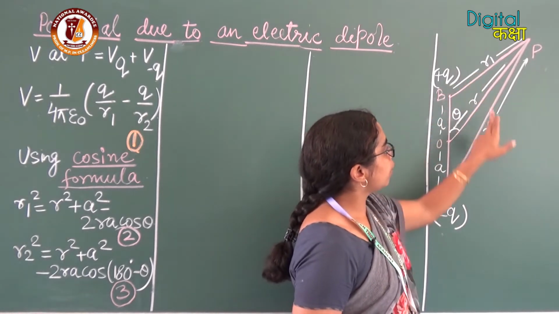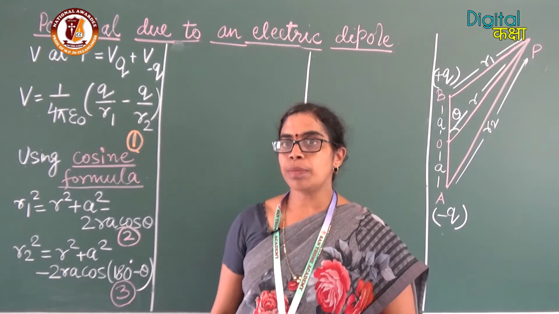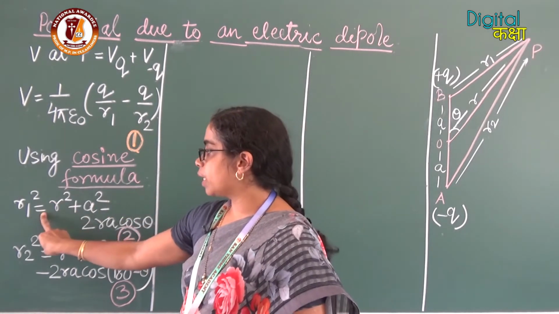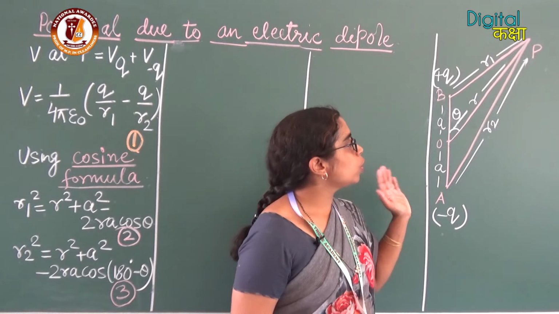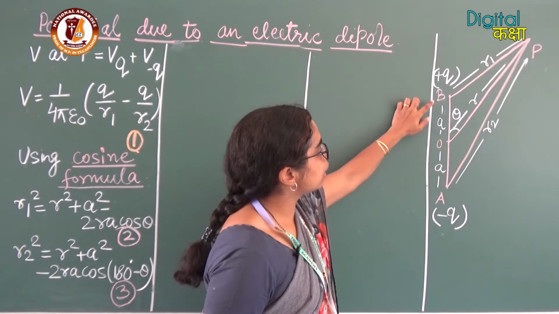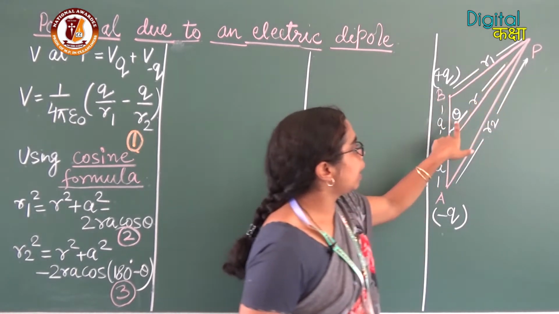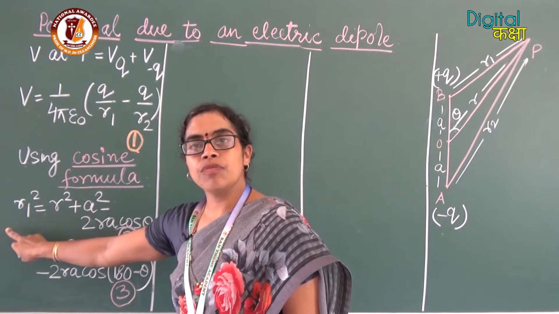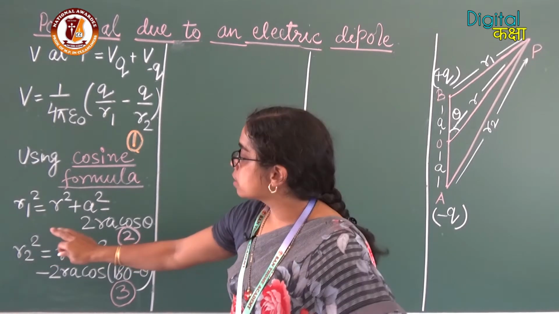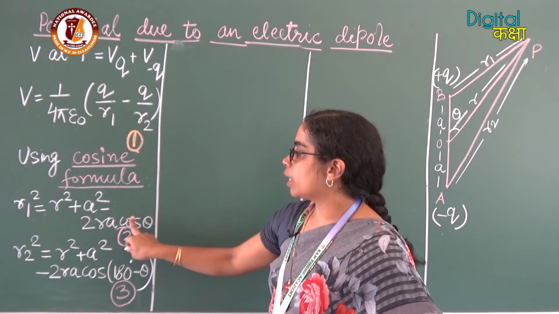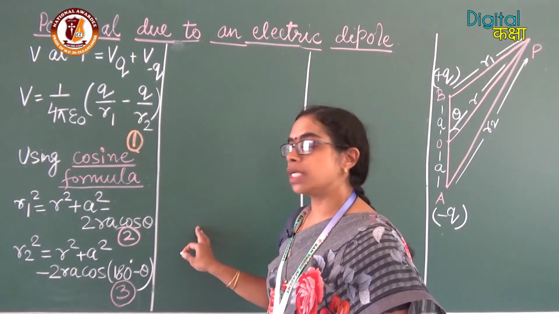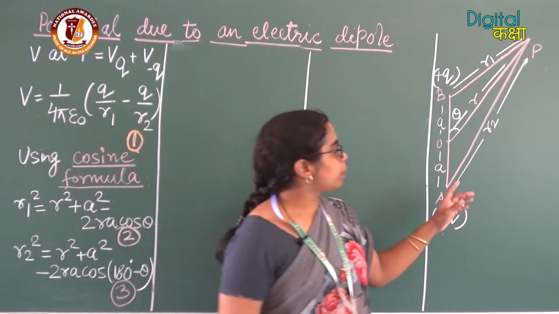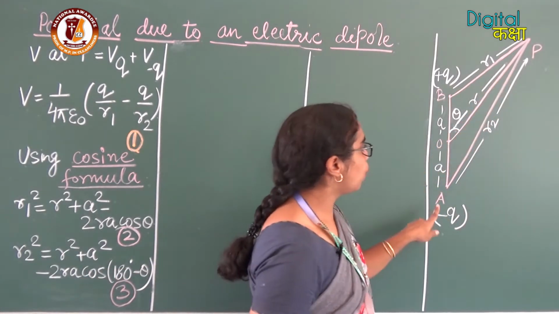Here the distances R1 and R2 are to be calculated by using the cosine formula. The cosine formula is applicable in the diagram in two triangles. When we consider the triangle BOP, the angle is theta, so the cosine formula gives the value of R1 square as R square plus A square minus 2RA cos theta. Whereas the value of R2 square is obtained from the triangle POA.